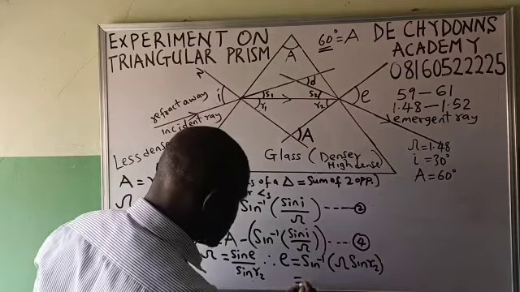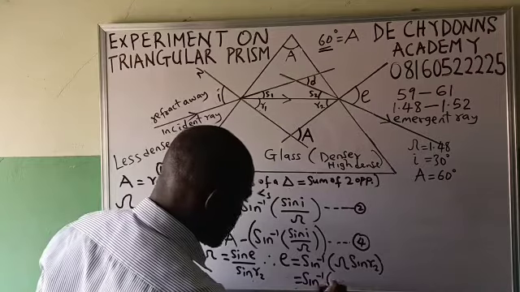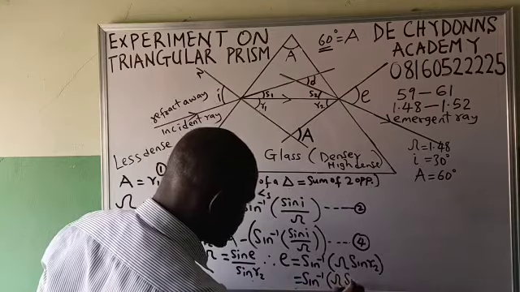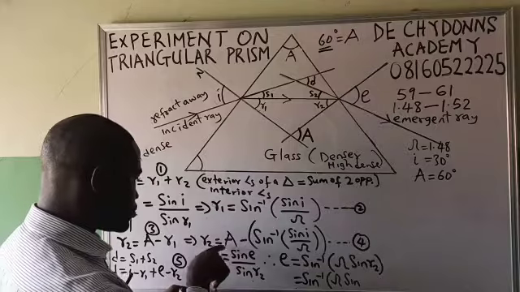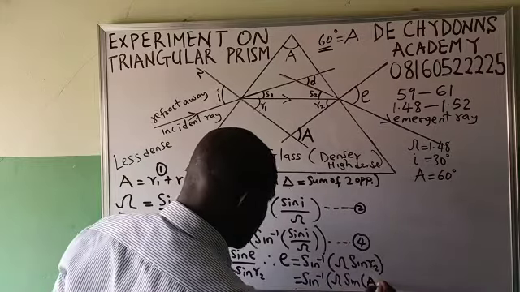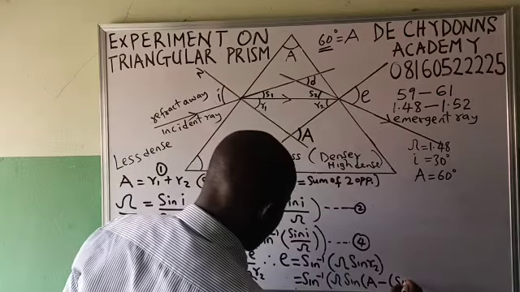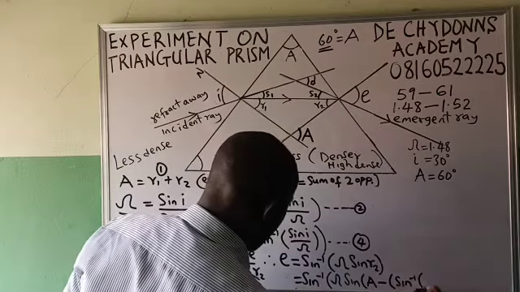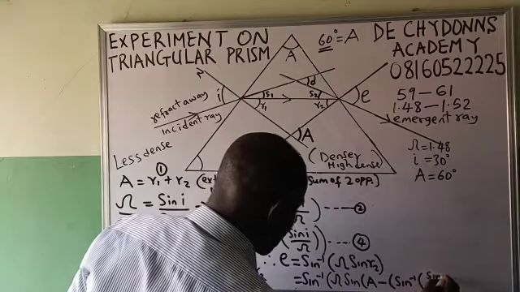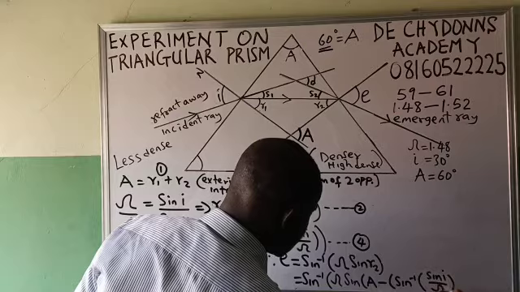That means E is equal to sine inverse of n sine, what is our R2? n sine A minus sine inverse of sine I all over refractive index.